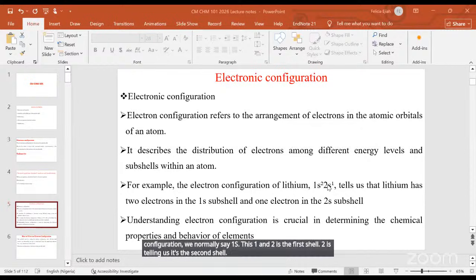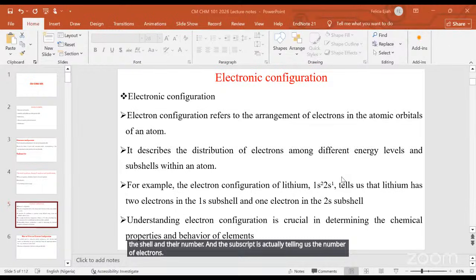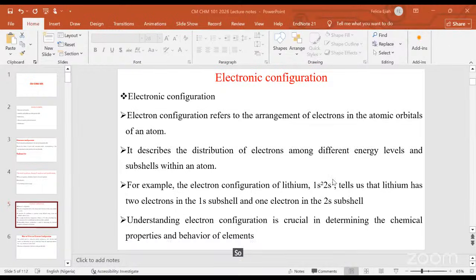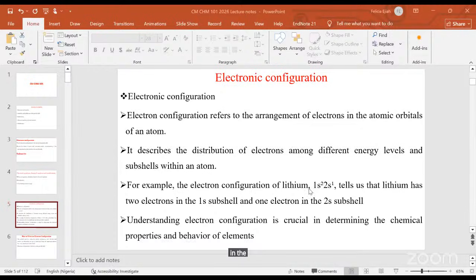Of course, you know we have 1s, 2s, 2p, 3s. So those are actually telling us the shell and their number. And the subscript is actually telling us the number of electrons. So this electronic configuration tells us that lithium, as I said, has atomic number 3, and it has 2 electrons in the first shell, and it has 1 electron in the other subshell.